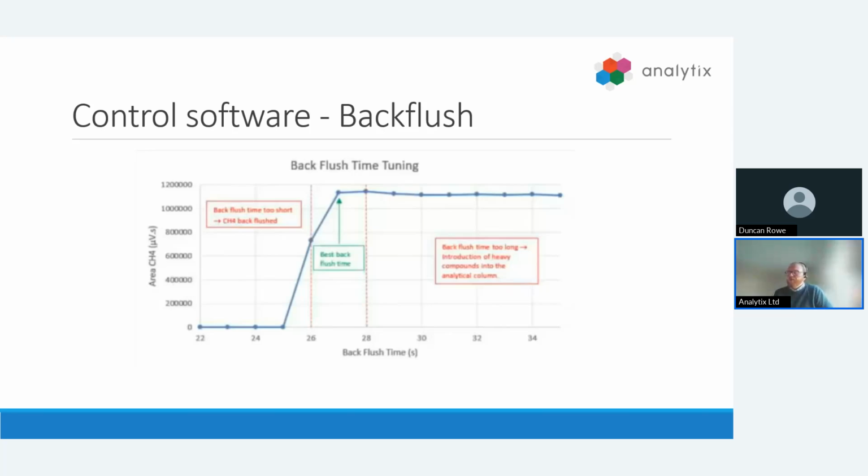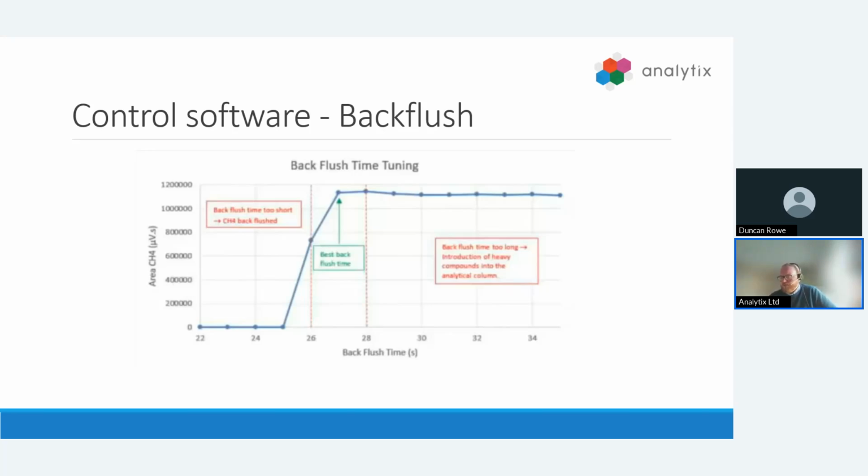Here I'm going to talk about backflush tuning for methane and preventing heavier eluting compounds from entering the channel. What you see here on the y-axis is peak area for methane, and then you have backflush time on the x-axis.